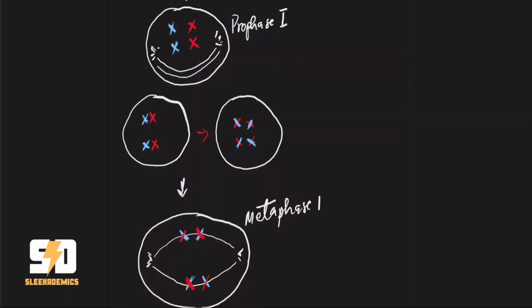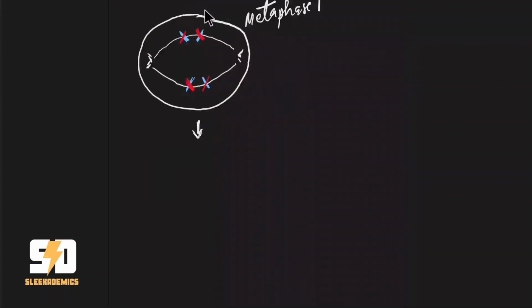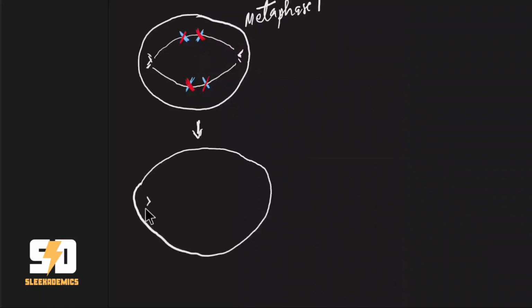All right, so we go over to the next phase. So here we're going to see the anaphase 1. Now in the anaphase 1, something is going to happen here.